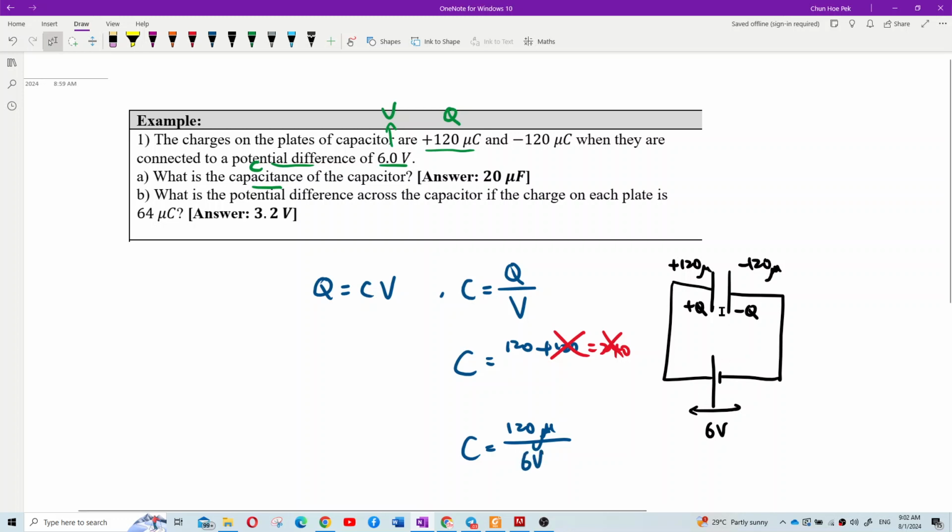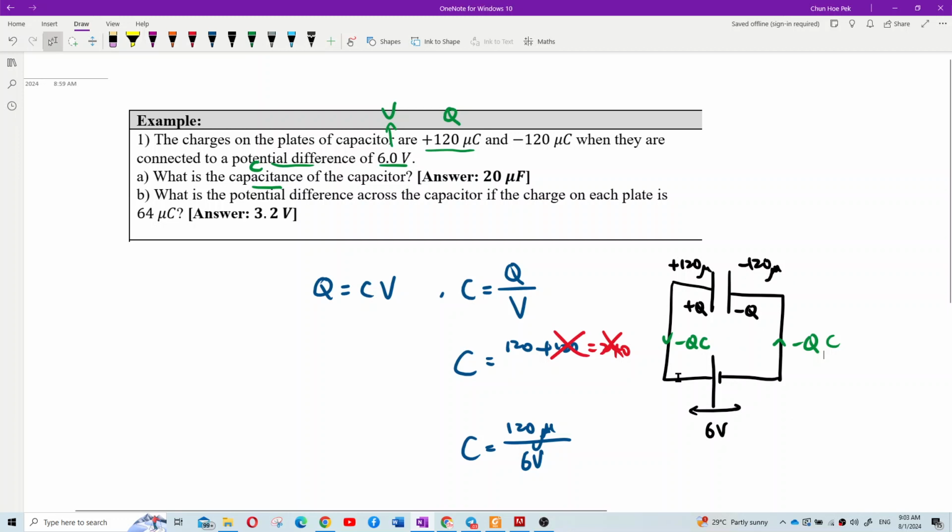Do you know why it is only the charge of one plate? Because the flow of electron is only Q coulomb. The negative Q coulomb of electron is being pulled from one plate, and then sent to the other plate.